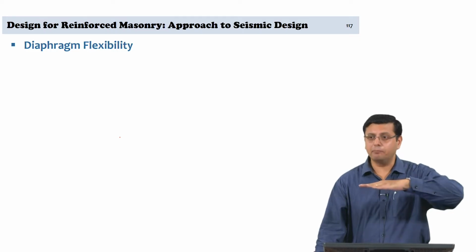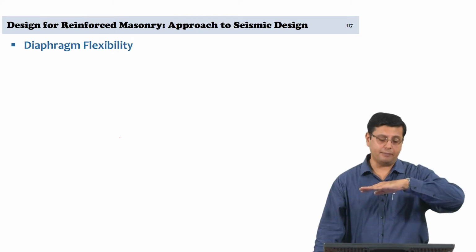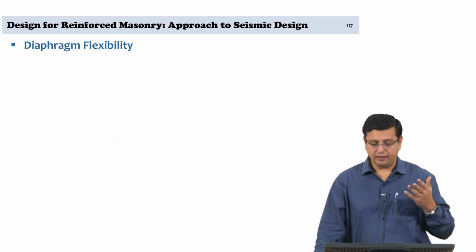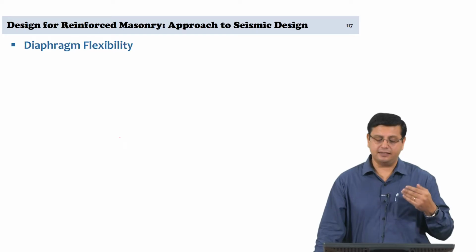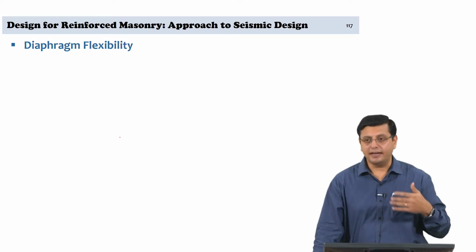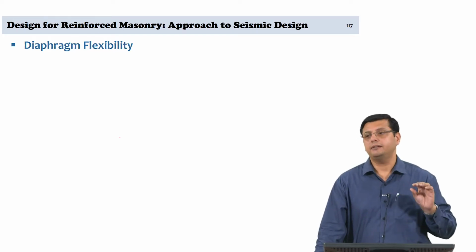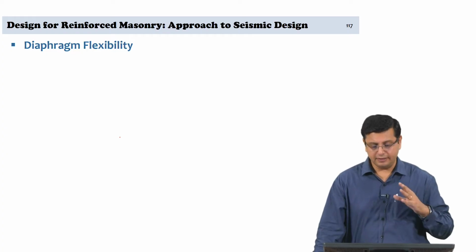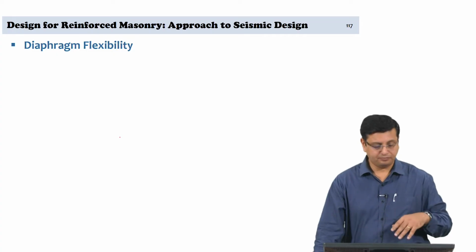We are talking of the in plane deformability and in plane stiffness of the slab. So, if you take a system such as a reinforced concrete slab, relatively speaking you are looking at a rigid diaphragm. So, a rigid diaphragm assumption for a reinforced concrete system is acceptable.